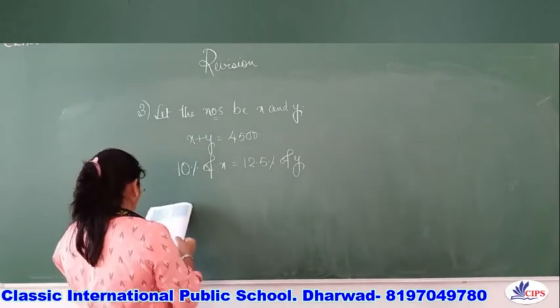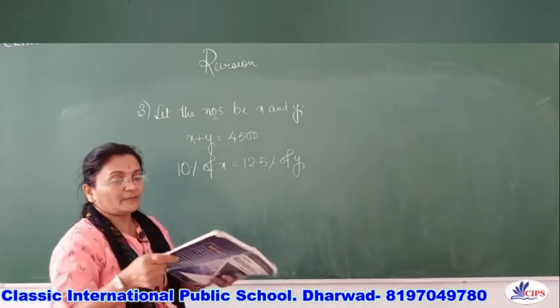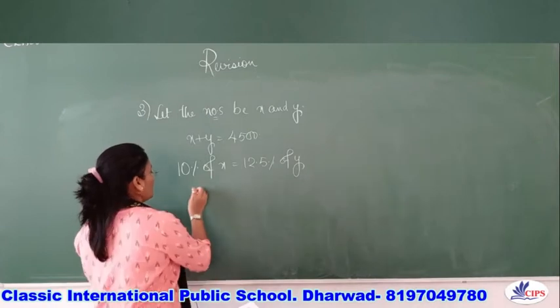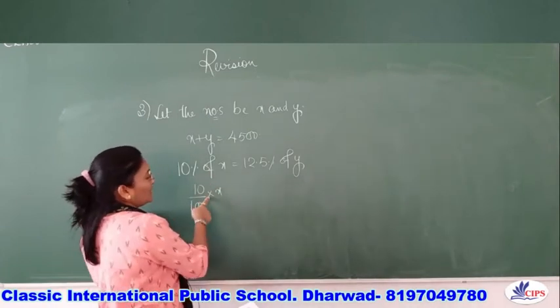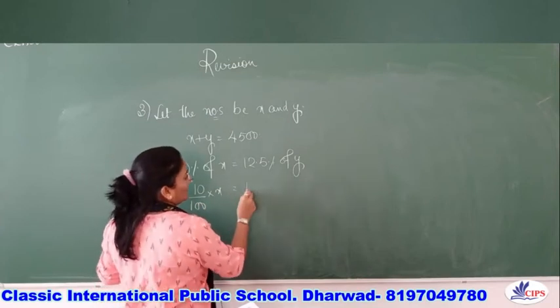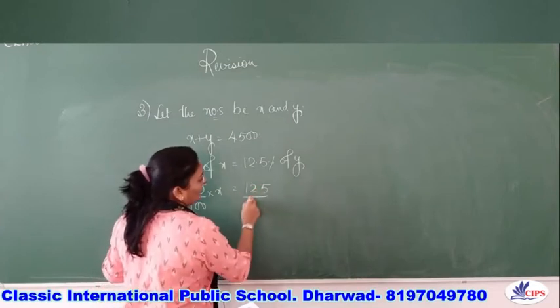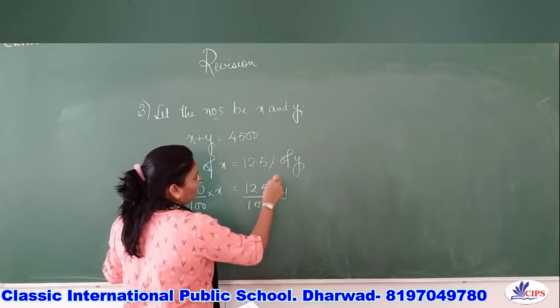Now here let us solve it. So here we have got 10% of x. So here we will write 10 by 100 into x. Of is multiplication into x. Then here it is 12.5 by 100 into y.